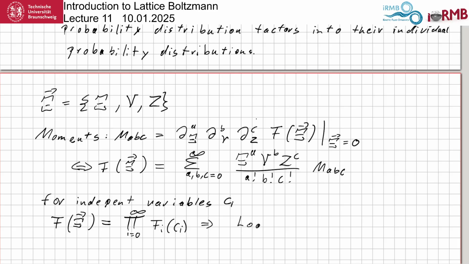So if you write the logarithm of f of this Xi, then we get the sum over i from 0 to infinity of the logarithm of Fi of Ci.